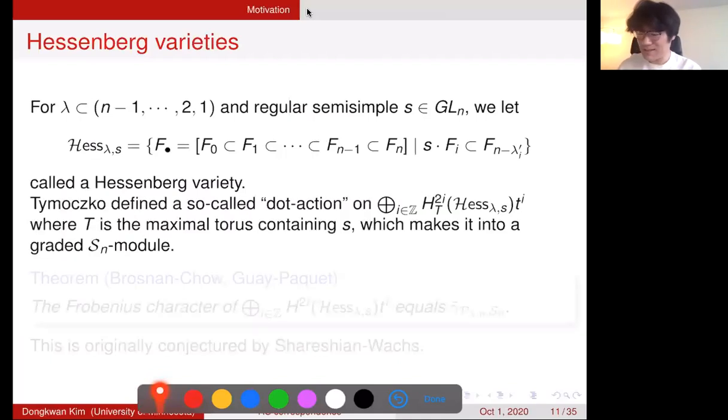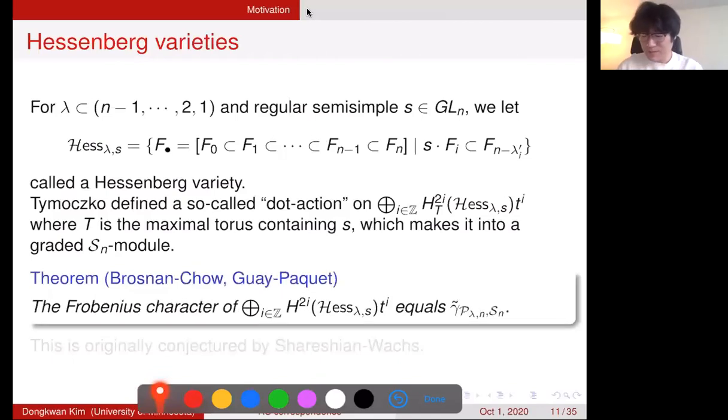Tymoczko defines this dot action on this one using GKM theory. Well, yeah, and you have a moment graph. So it is, again, a graded S_n module, where I will not discuss how it's defined in detail, but you can define this using GKM theory, actually.